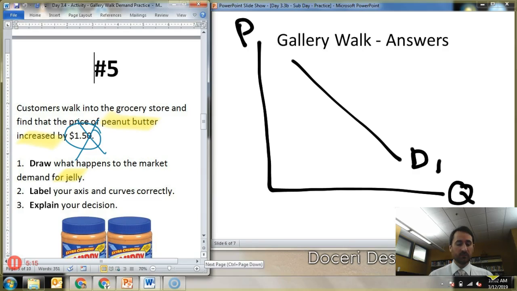The relationship between the two is that they are complements. You buy one and the other at the same time. So if peanut butter increases in price, we don't want to buy that, so we're not going to buy jelly either. So that creates a demand decrease, and that is a change in the price of complements.